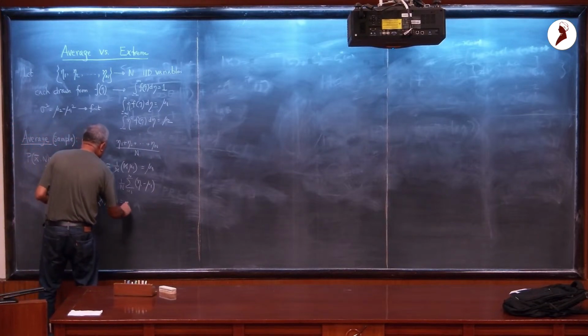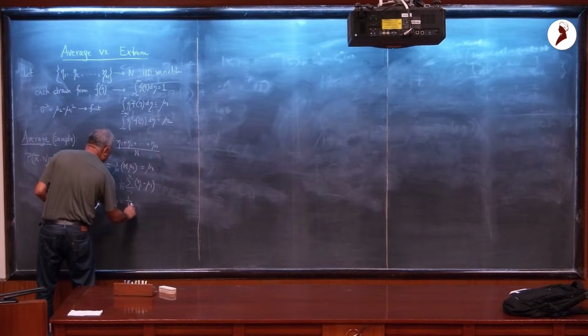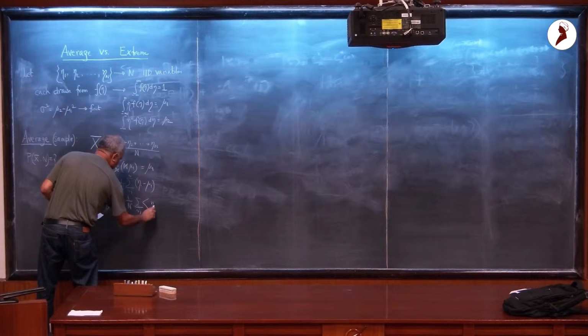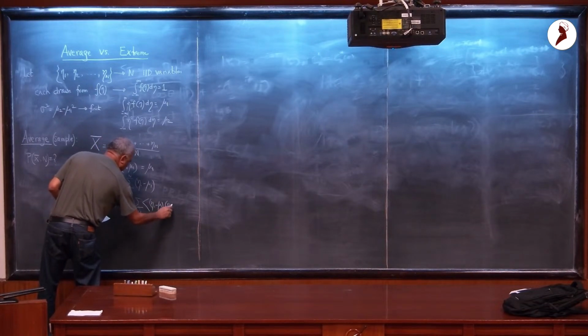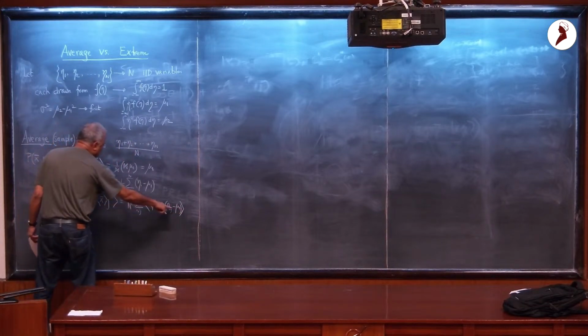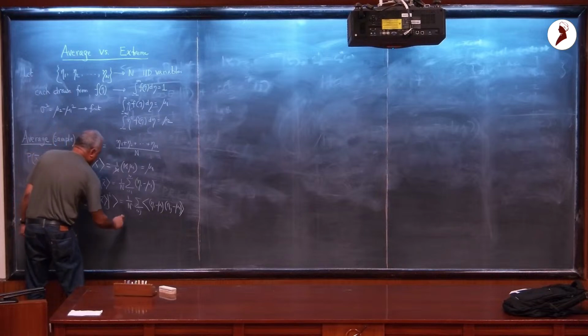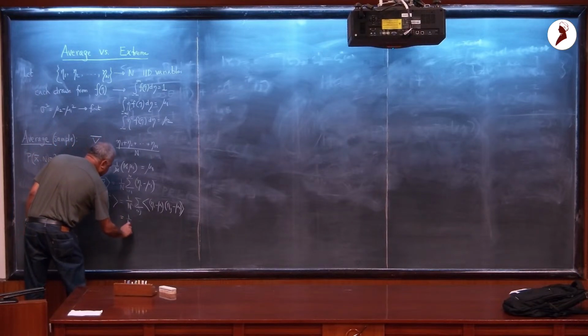So this will be 1 over n squared, but the etas are uncorrelated IID variables, so this is 1 over n squared times n.